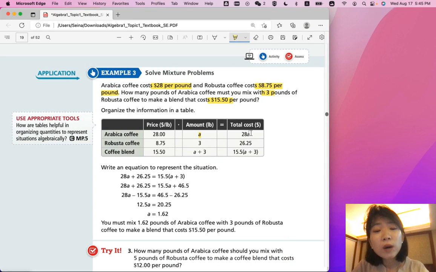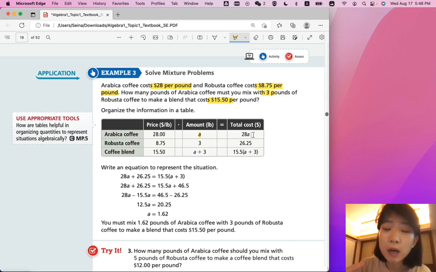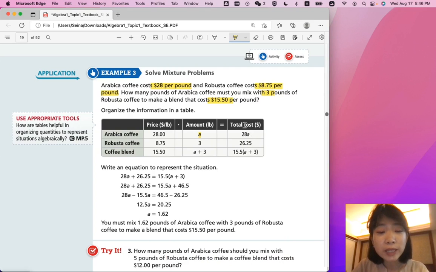And you want to write an expression for the total cost of Arabica coffee as well. 28 times A in the same way should represent the total cost that you need to pay for the A amount of Arabica coffee that you mix. And so the expression for the total cost of the coffee blend that you want to make would be 15.5 times A plus 3, because the amount of pounds would be the pounds of Arabica coffee and Robusta coffee combined.